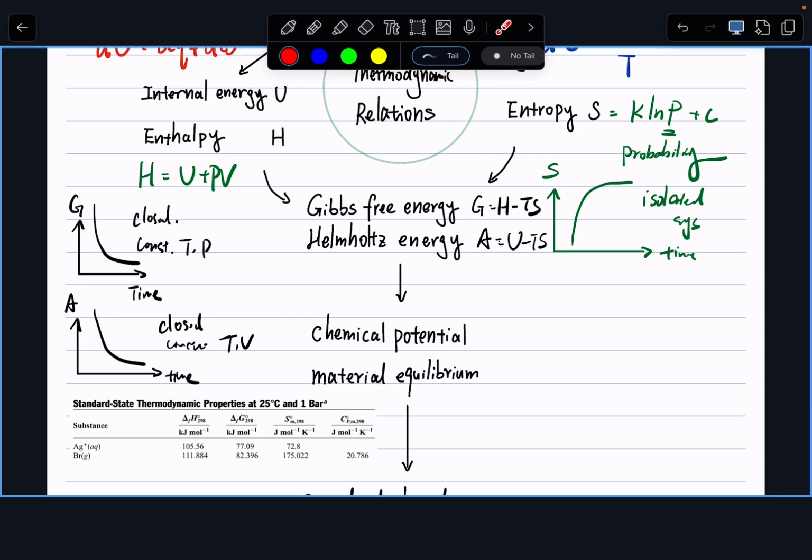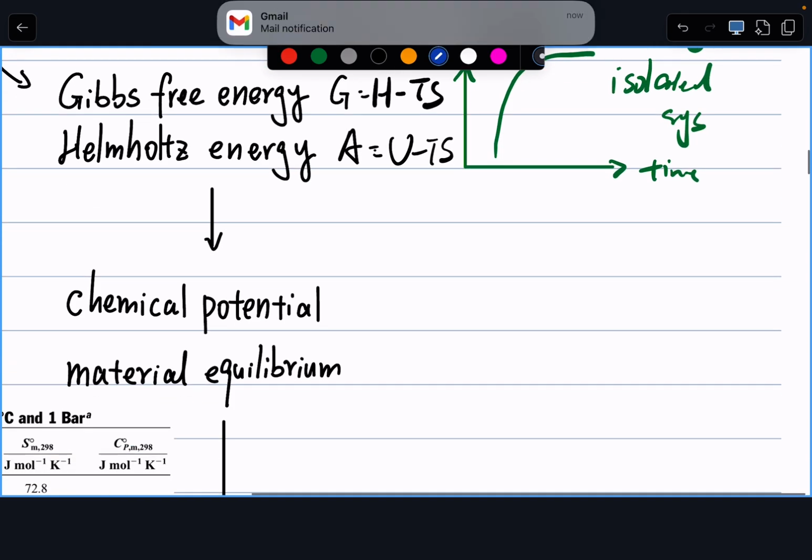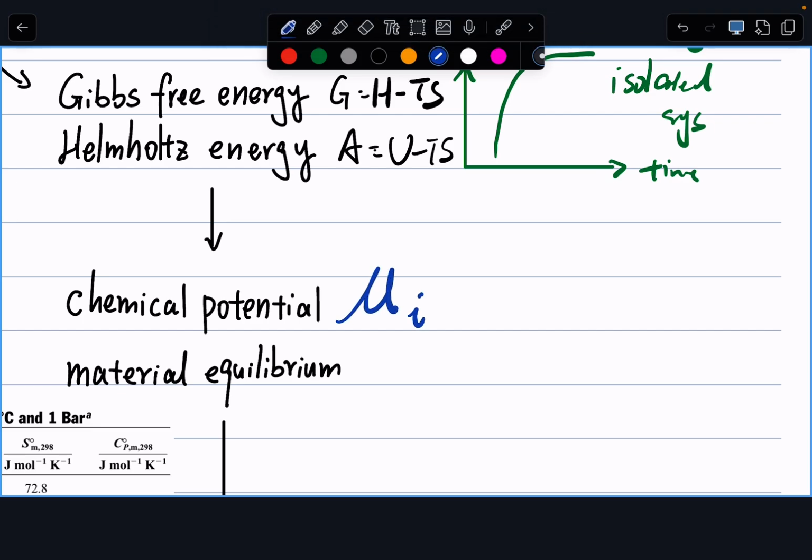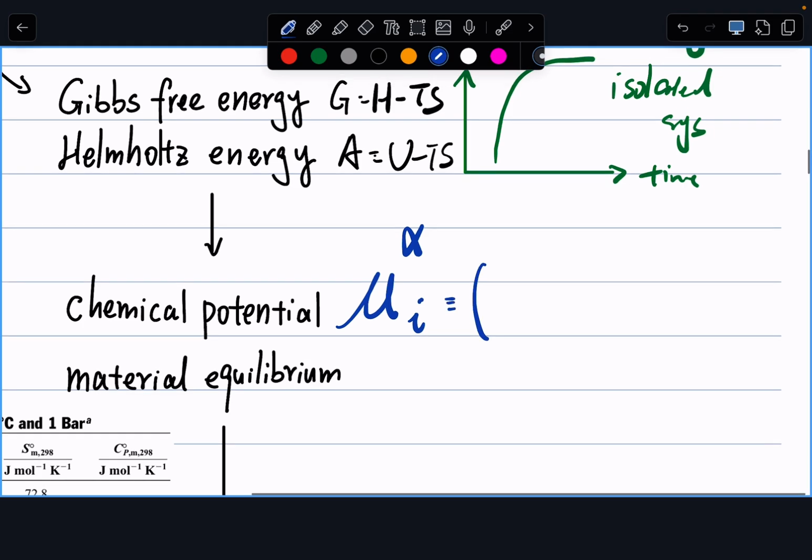So remember, when we're talking about chemical potential, the definition of chemical potential is a pretty long one, and people tend to make mistakes here. So the full definition of the chemical potential of your species i in phase alpha, so we want to specify what chemical potential we're talking about, is defined as a partial derivative of the total Gibbs free energy of phase alpha.